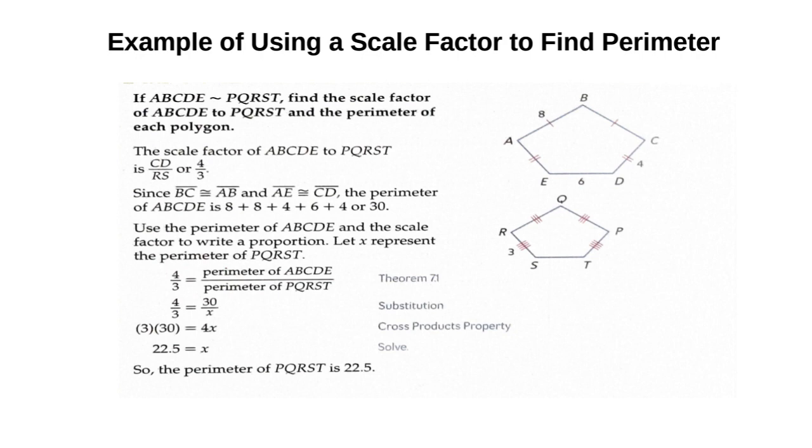We cross multiply, then we get 30 times 3 equal to 4 times X, and that will give us the value of 22.5 for X. So since X represents the perimeter of PQRST, then the perimeter is 22.5.